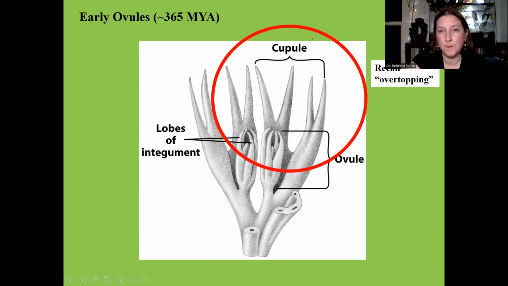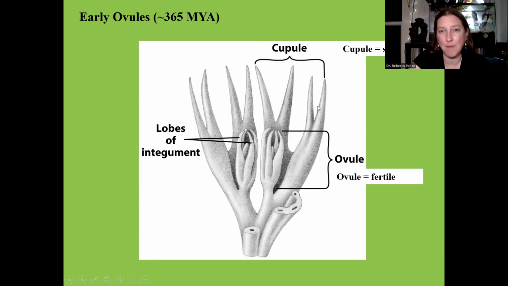As that happened, the faster growing ones were sterile, like they didn't have any sporangia on them to grow into male or female gametophyte plants. Obviously here female gametophyte plants, because we're talking about ovules. Parts of the branches were sterile and grew fast. Other parts of the branches were fertile in that they had an ovule on them and grew slower.